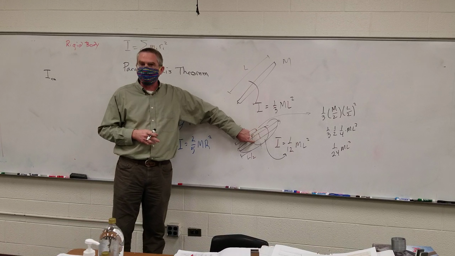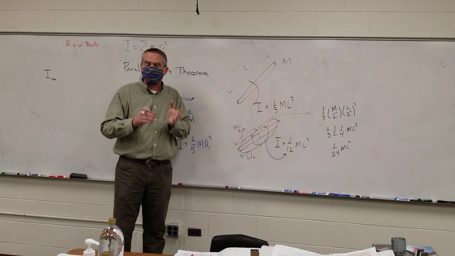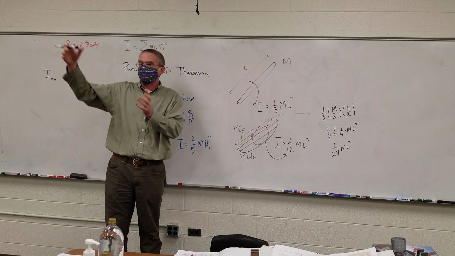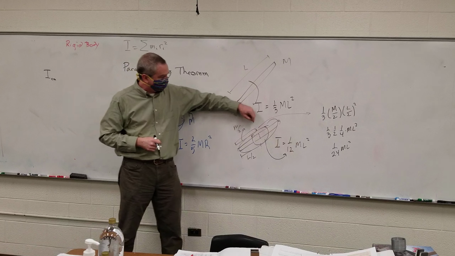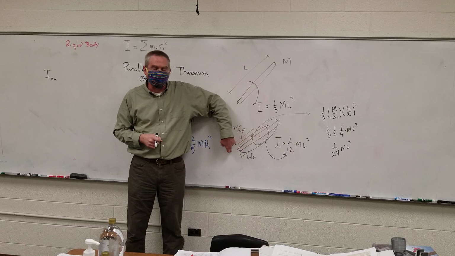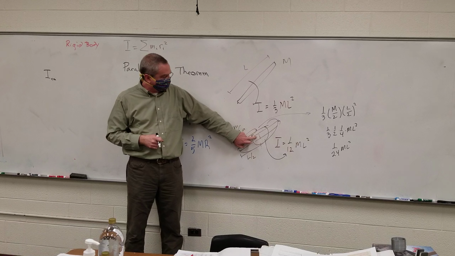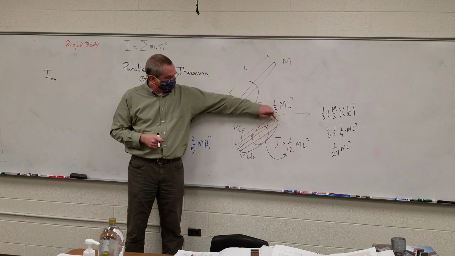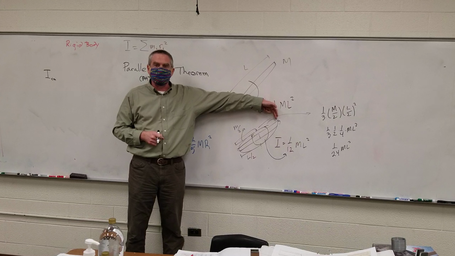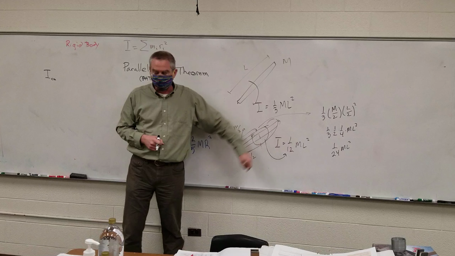Because if I start moving the axis away from the center of mass, then suddenly I get mass that is at a farther distance from the axis than it was before. Right there, the endpoints are equidistant. If I move the axis over here, that has an exaggerated effect because I now have mass that is farther away.